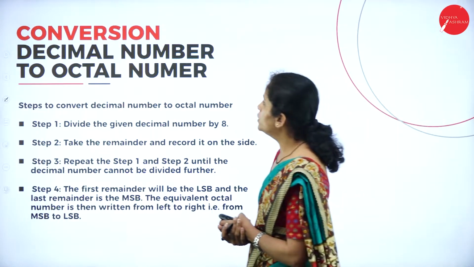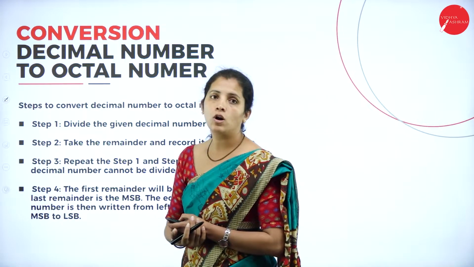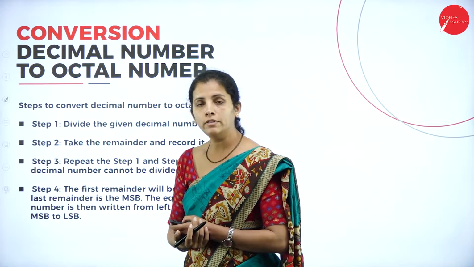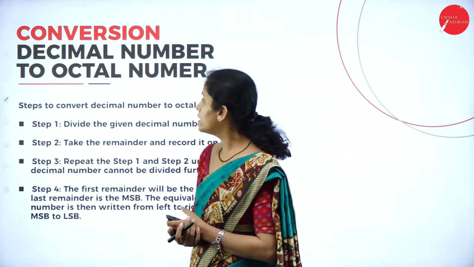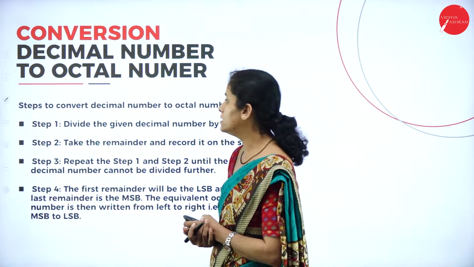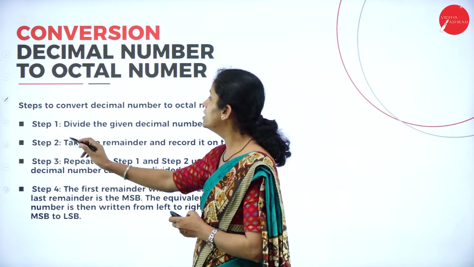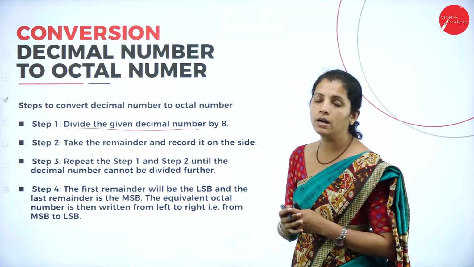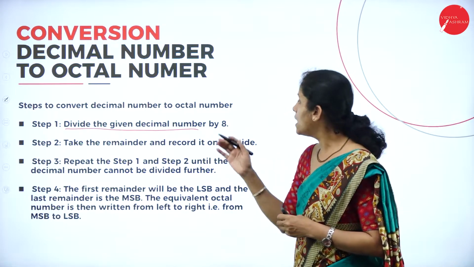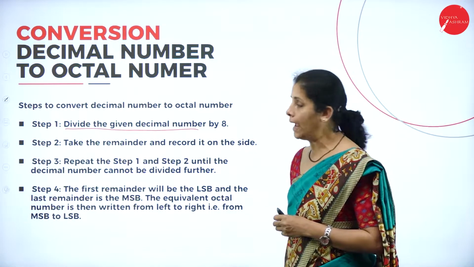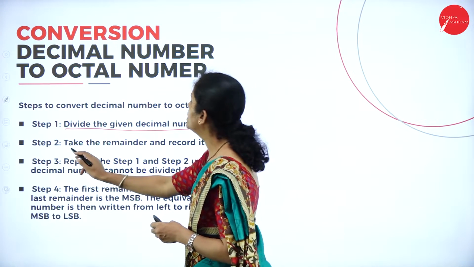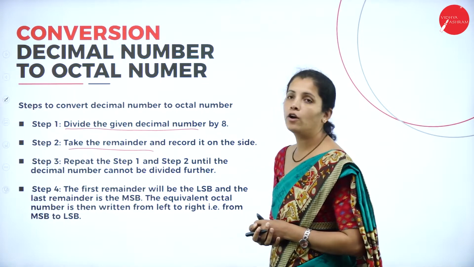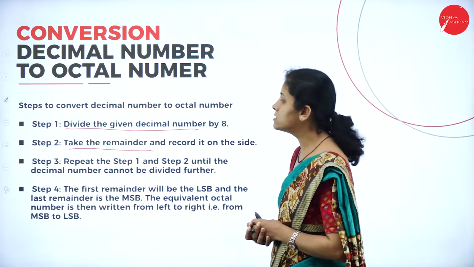Now I'm going to convert a decimal number to an octal number. So I have the decimal number and I want to convert that to octal. What I'm going to do here is divide that number by 8. Then I take the remainder and record it on the side.